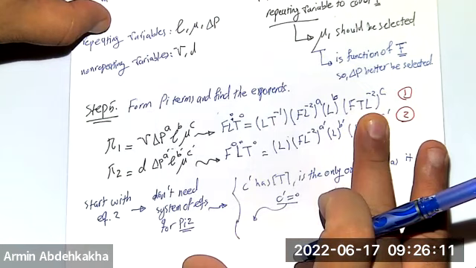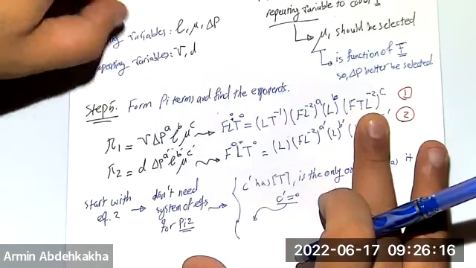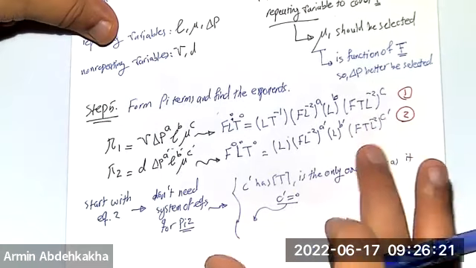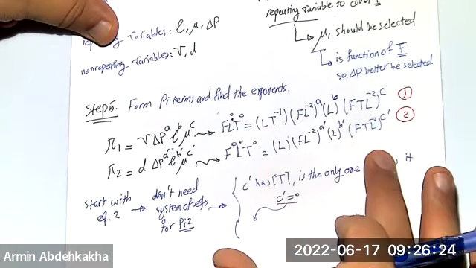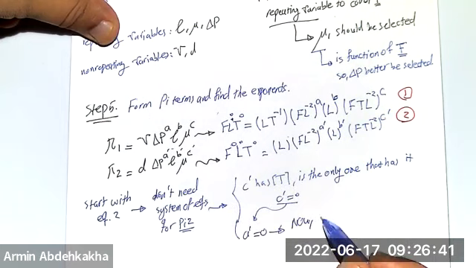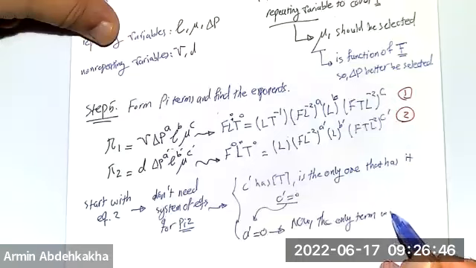Again, with the same rationale, now the second term should be 0. A prime should be 0 because this is the only term that has F. Now you cancel out, you find two exponents without solving a system of equations, without writing the equations, just with the rationale behind it. Okay, so A prime also should be 0. Why? Because this is the only term with F.